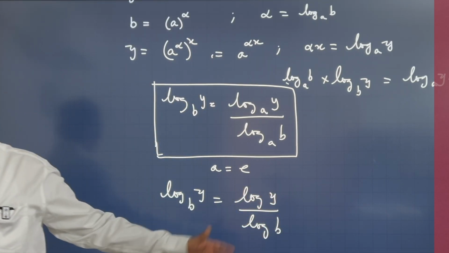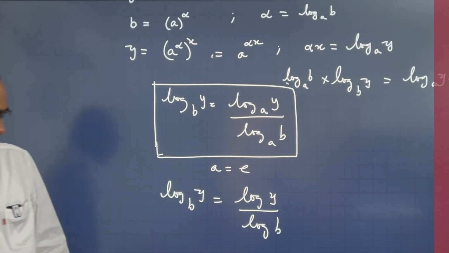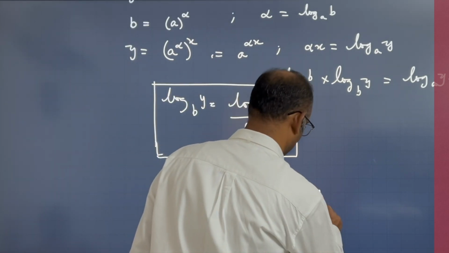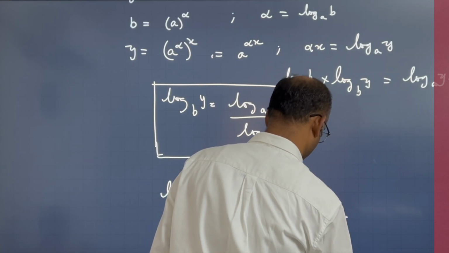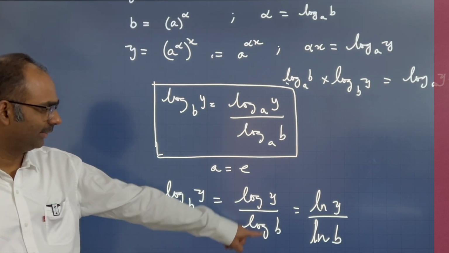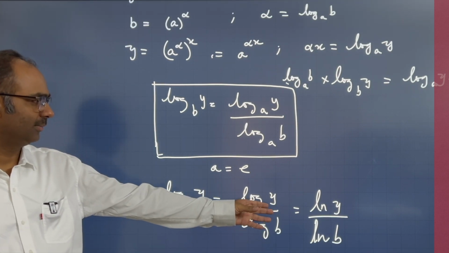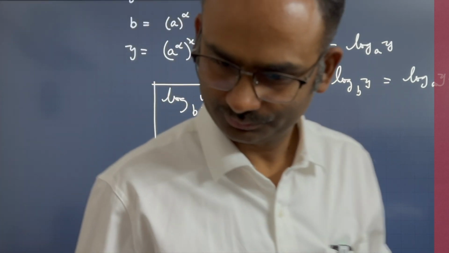There is no simplification, it's just that you don't write e. You can also write ln, very good. Natural log. So if I don't write the base, usually it means natural log, or it is understood what base is being talked about.